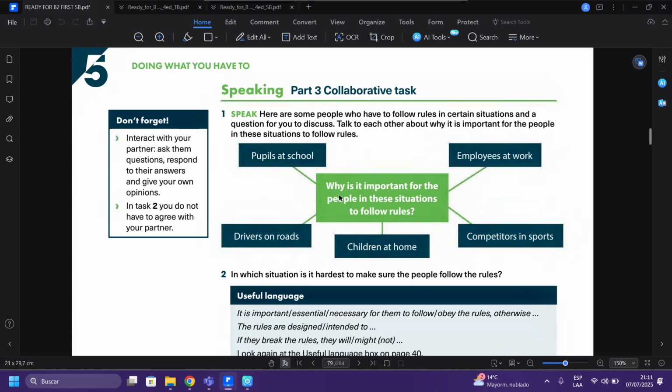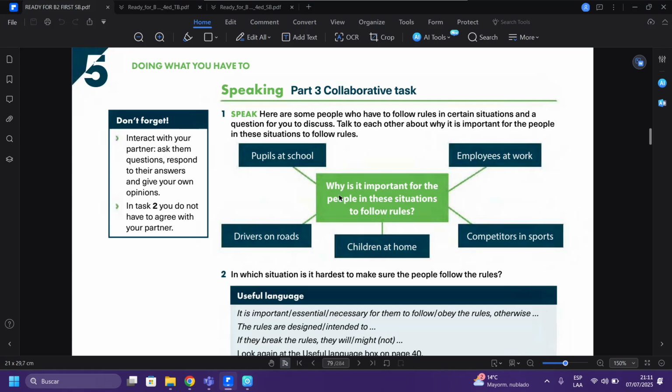And what about the children at home? Do you think it's important to follow rules at home? Yes, it is very important because they must follow the rules because they can have an accident like falling, or if they are in the kitchen they can burn themselves.